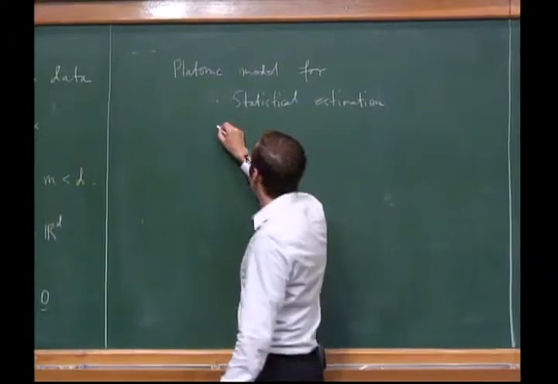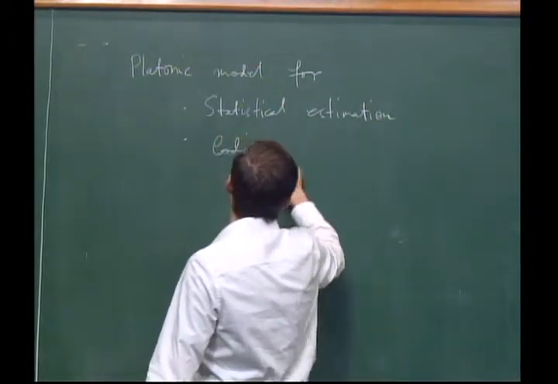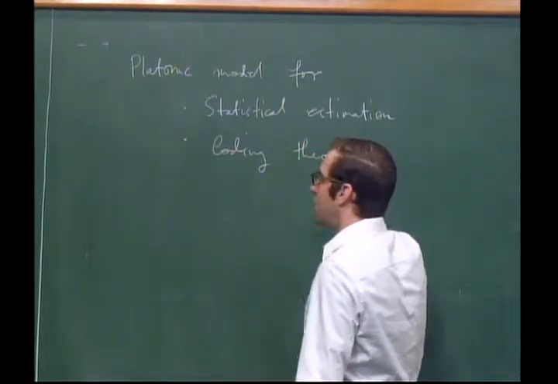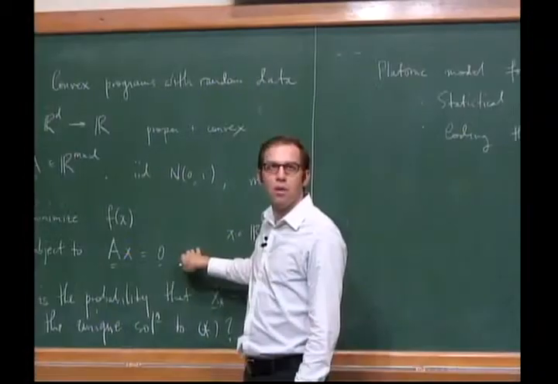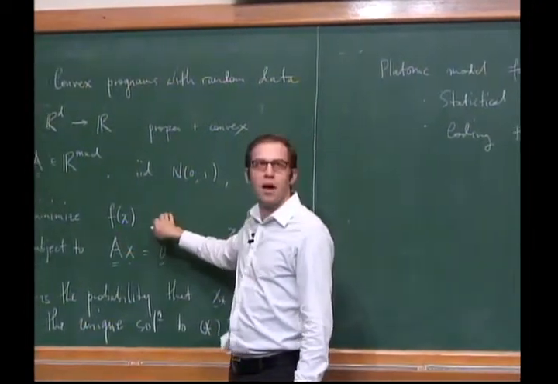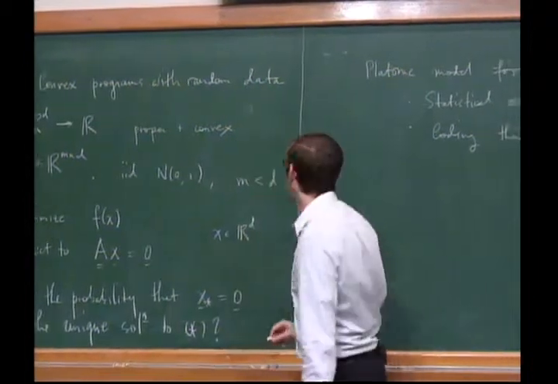It's a Platonic model for coding theory. So in this case, A is a linear code, and our goal is to decode received information, and we use the regularization to help make sure that we pick out the right code word.